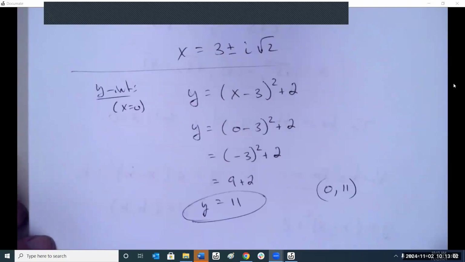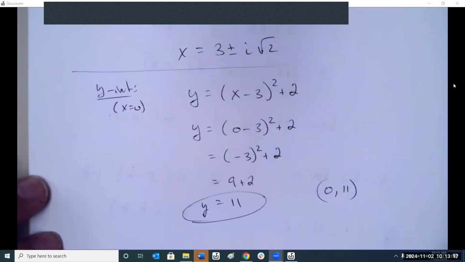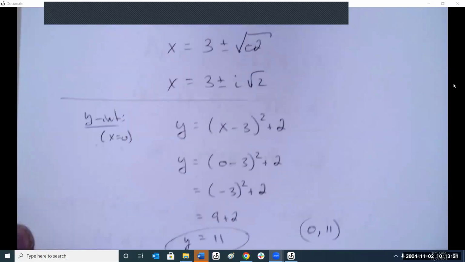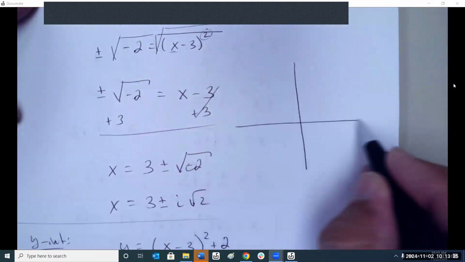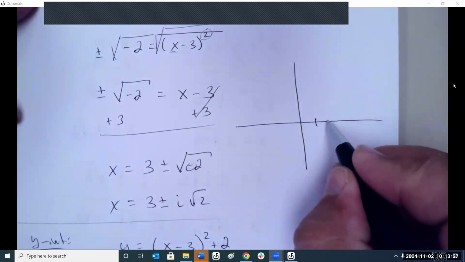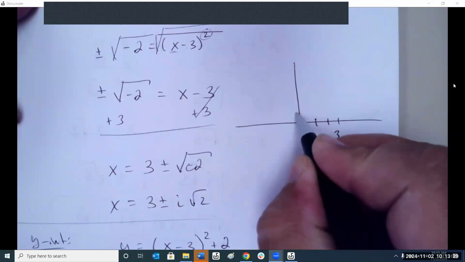Which we kind of knew, that we weren't going to have any x-intercepts. How do we know that? How do we know we're not going to have any x-intercepts? Let's look at the graph. We know the vertex was at 3, 2.